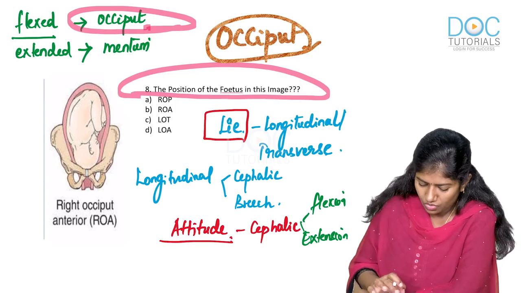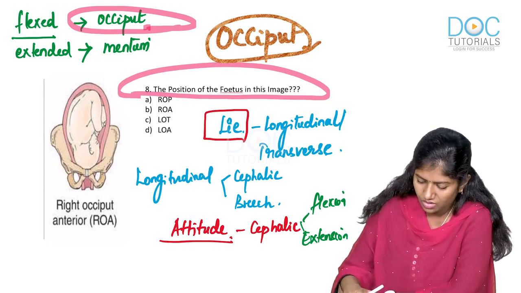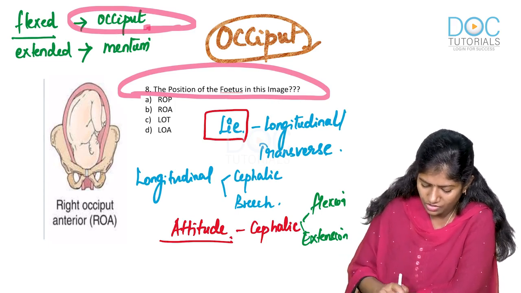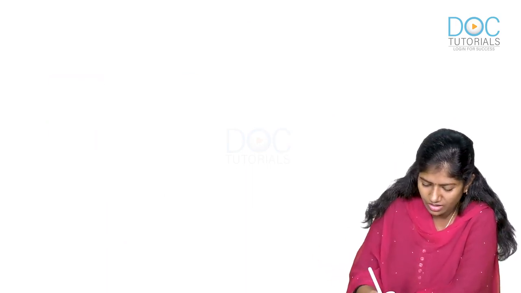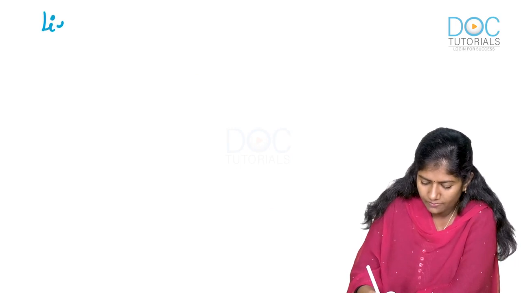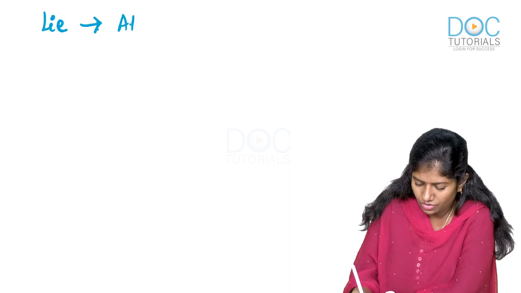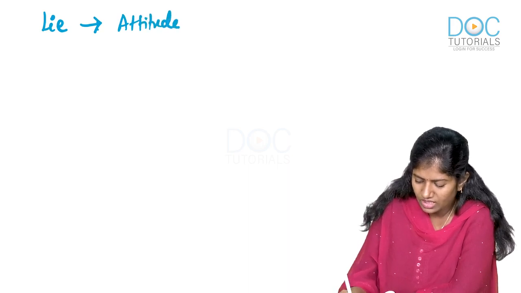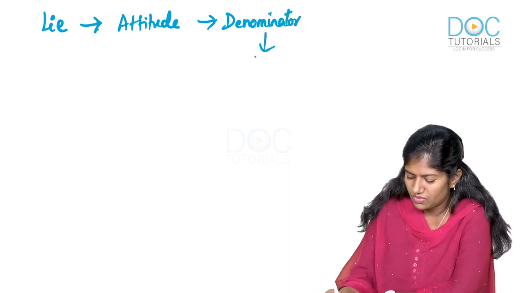Please follow the order that I am telling you in case of picture based questions. First you see the lie, then you see the attitude, then you see the denominator, finally you see the position.